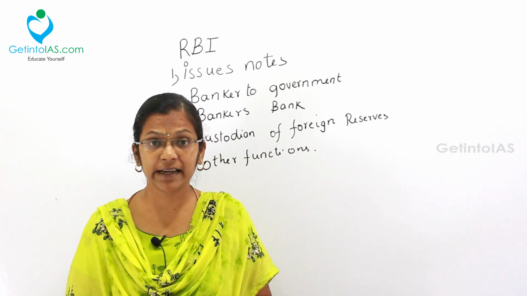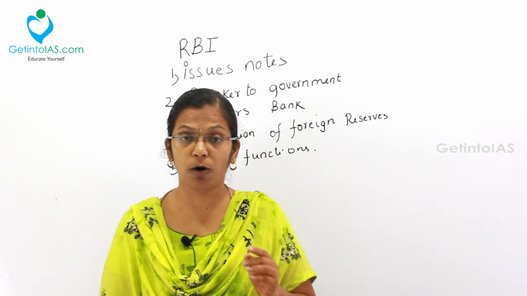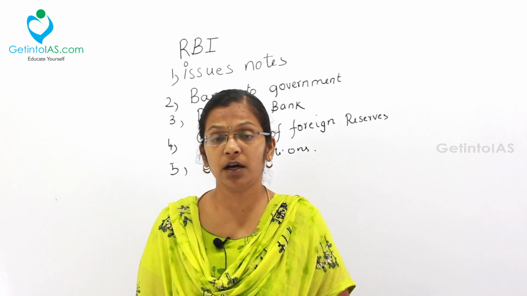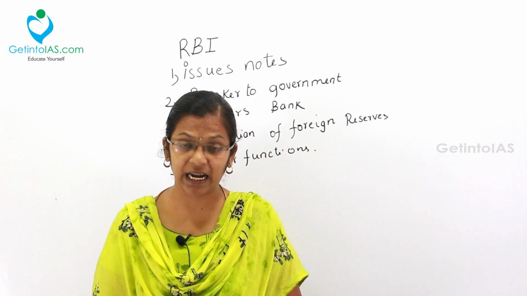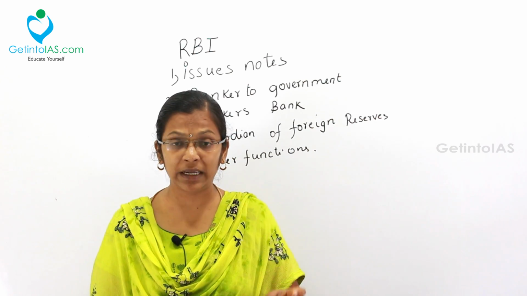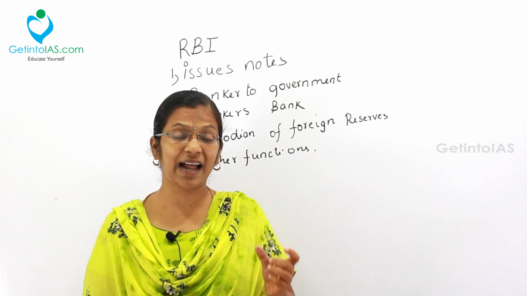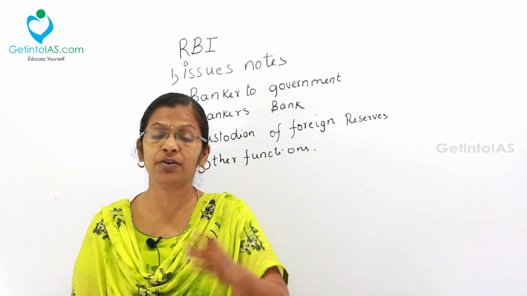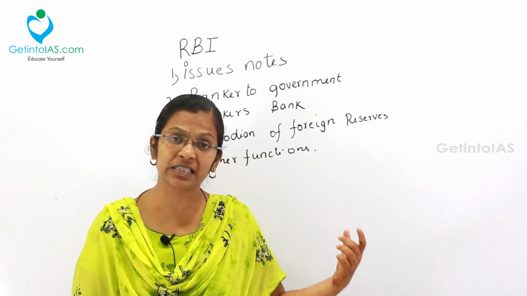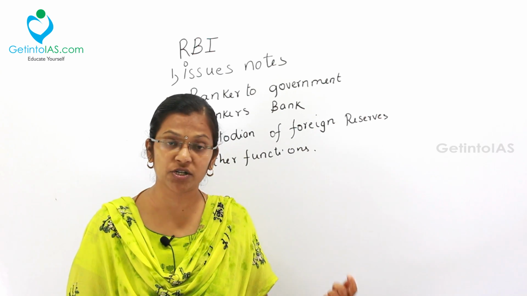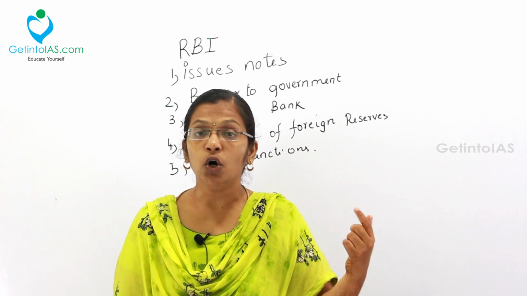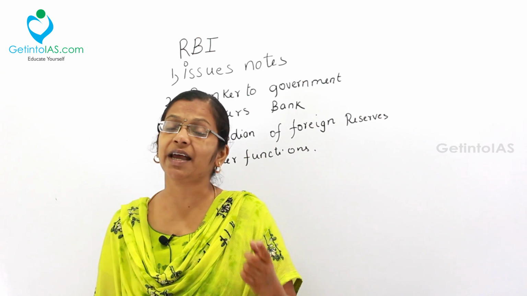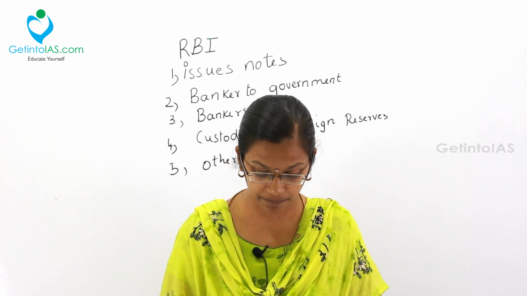See, it acts as a representative of the government in the IMF. What does it mean? It means that whenever and wherever the Indian government has to be represented in the IMF, instead of the Indian government, it is the RBI, the Central Monetary Authority, that goes and represents India in the International Monetary Fund.